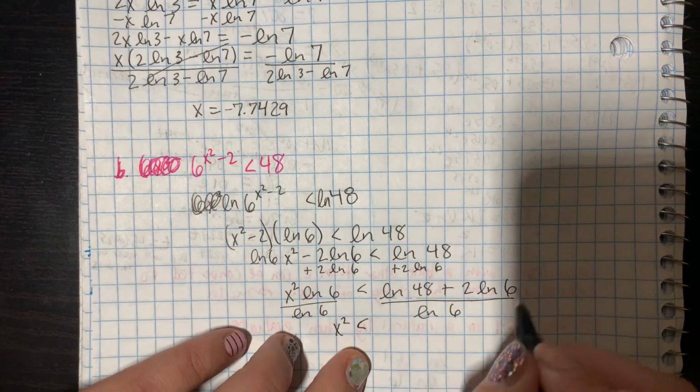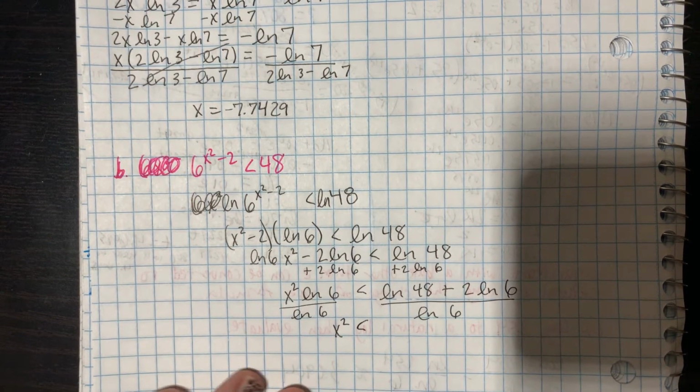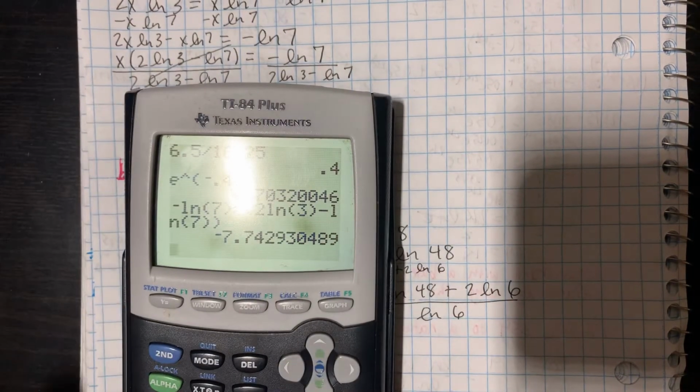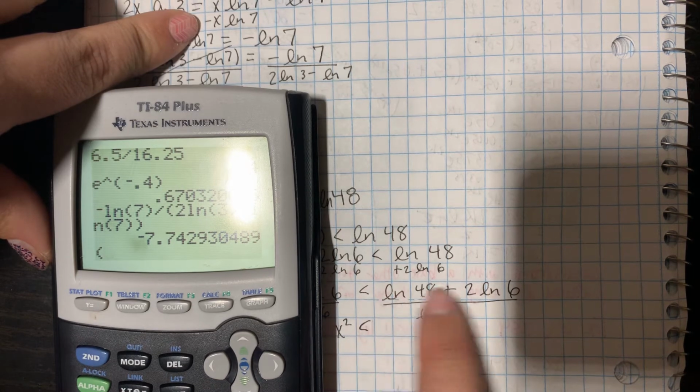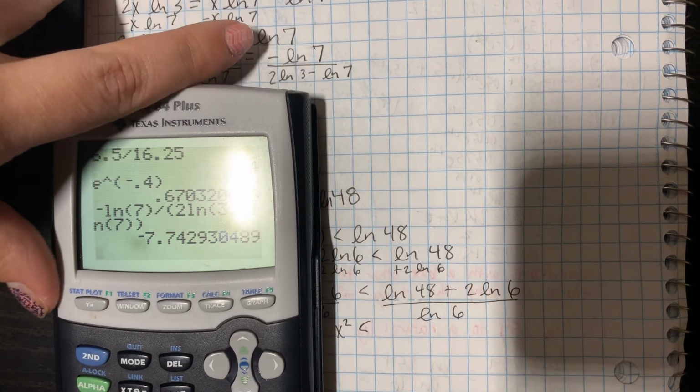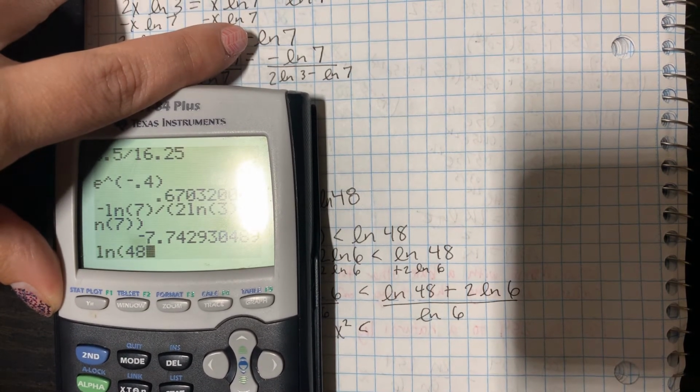All right, so whatever that is, maybe I find that answer now before I take the square root, just because it's getting a little bit messy. Okay, we need to make sure and do this whole top first. So we're going to do ln of 48 plus 2 ln of 6.